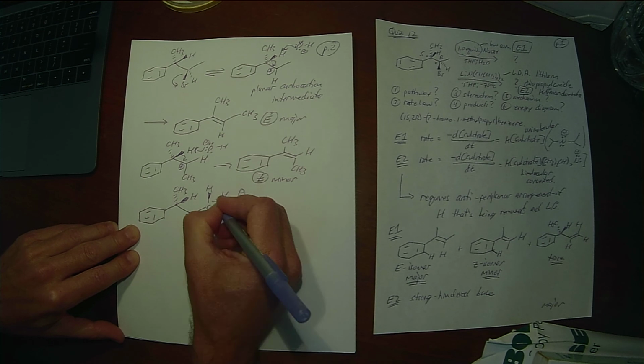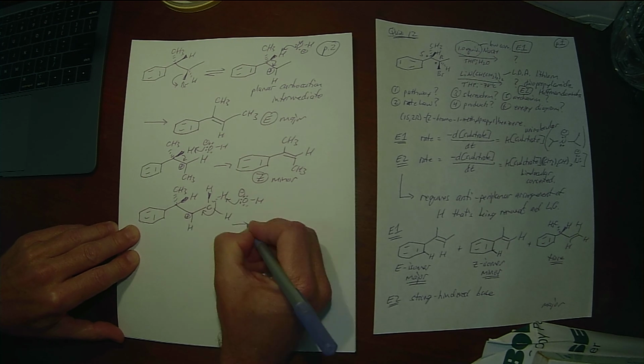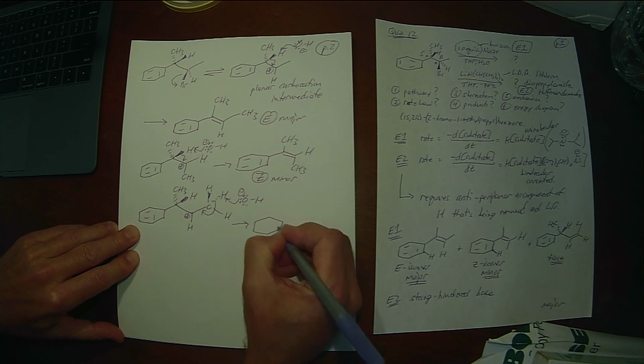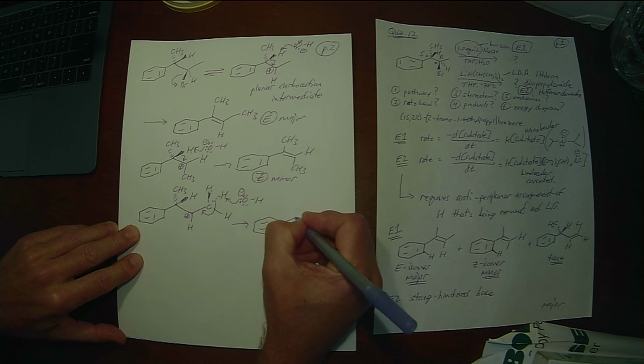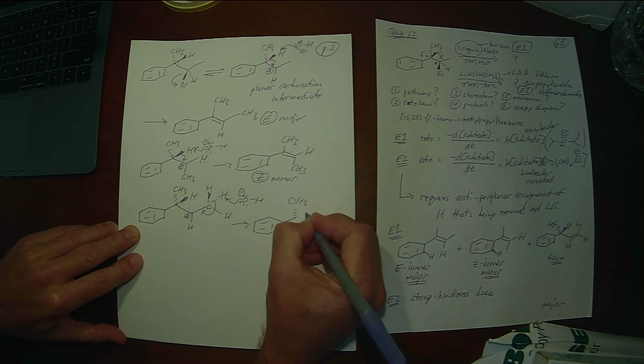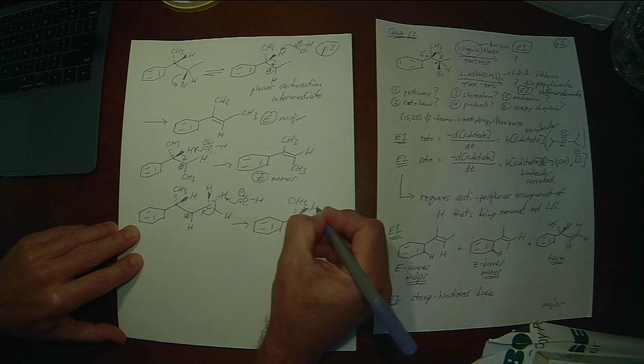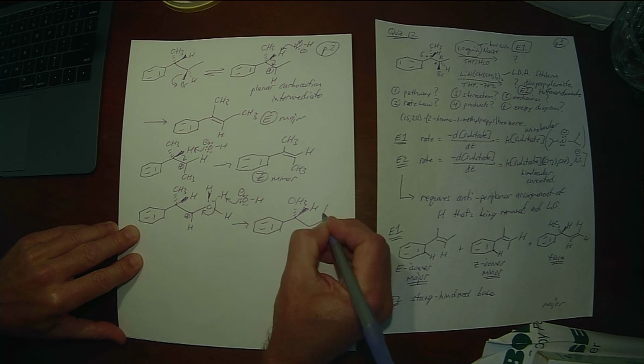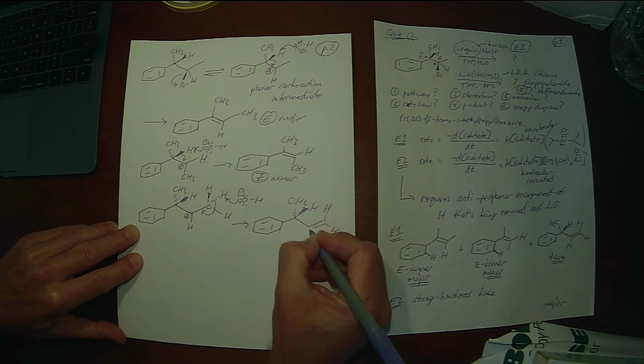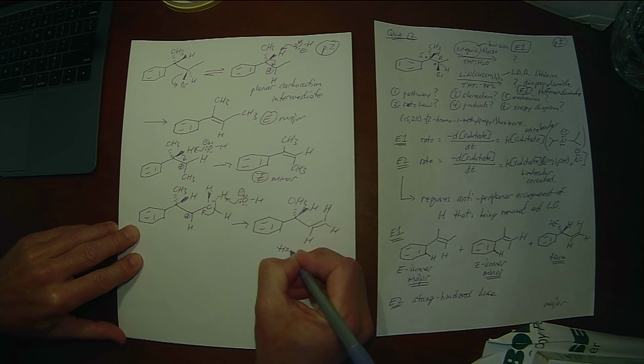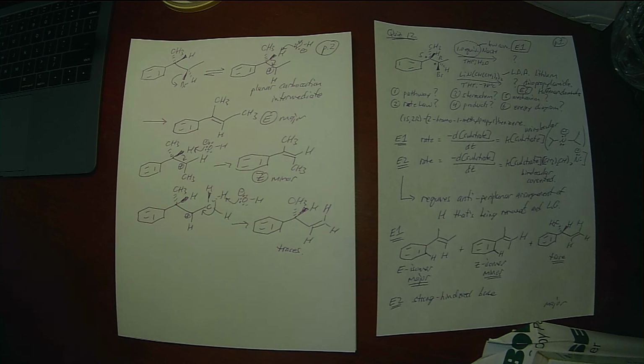Doesn't matter which, they're all equivalent. And that would generate the trace product, where the stereocenter stays intact, and we generate a monosubstituted alkene. So that's the E1 mechanism.